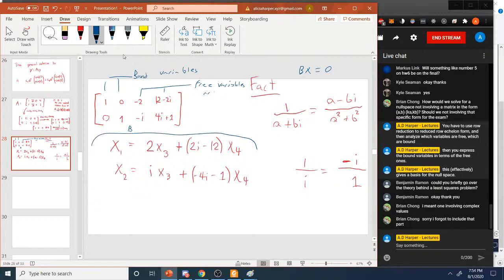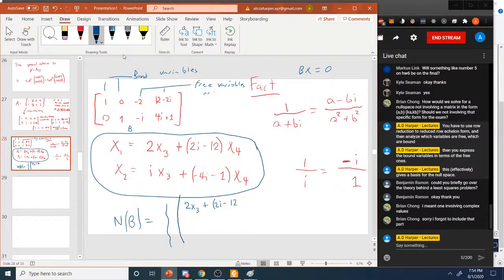I get these equations, which tells us that the null space of B is equal to the set of vectors 2x3 plus 2i minus 12 times x4, ix3 plus negative 4i minus 1 times x4, and then x3, x4, where x3, x4 are real numbers.